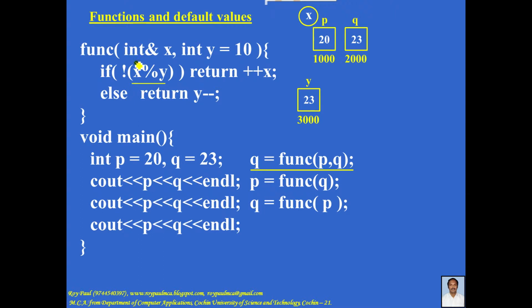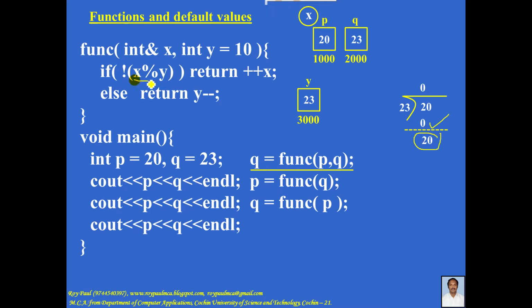X modulo y, x is 20, y is 23. So 20 modulo 23: 20 is written inside, 23 is written outside. 1 into 23 is 23, so 1 will not come here. So it is 0 into 23, it is 0, and the remainder is 20.